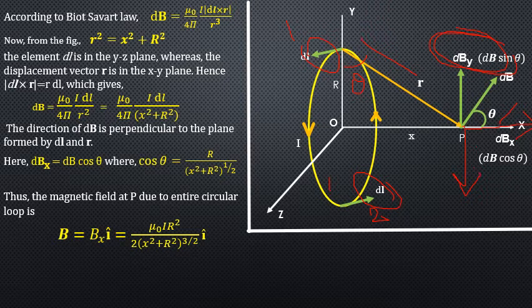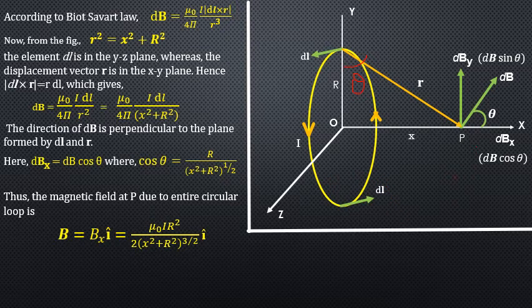So we will see that all the x components for all the diametrically opposite current elements add up, while the y components cancel each other out because they are equal and opposite to each other. So here when we find the net magnetic field, we consider only the x component.